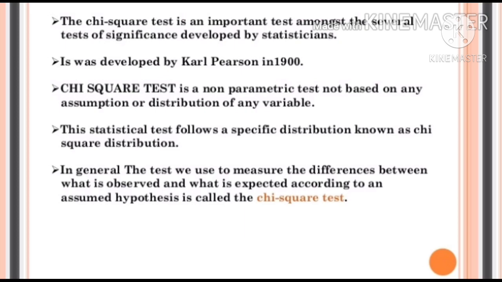These statistical tests mainly follow a specific distribution known as the chi-square distribution. Okay, in short, the test we use to measure the difference between what is observed and what is expected, according to an assumed hypothesis, is called the chi-square test. So this chi-square test is widely used to find out significance based on the expected and observed values.